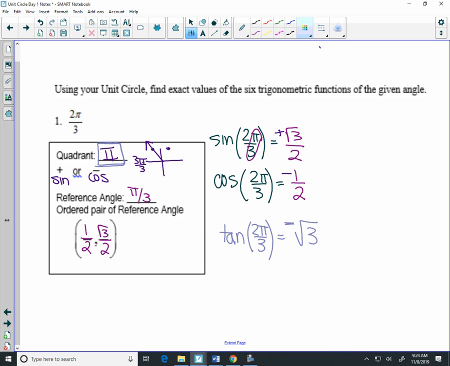If we're not really understanding the all students, are you saying every side besides the side in that section is negative? Yeah, so all are positive in quadrant 1. Sine is positive in quadrant 2 because it's the y value, right? Y's are positive and x's are negative there. Sine and cosecant go together, so whatever sign sine is, cosecant is as well.